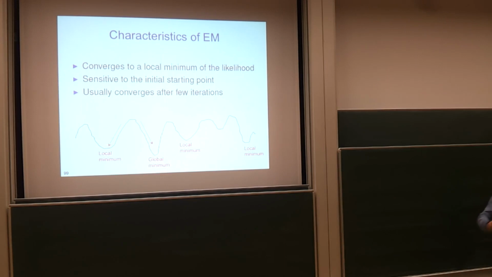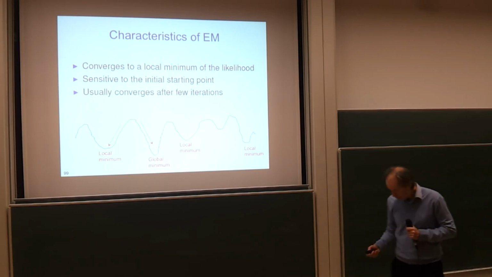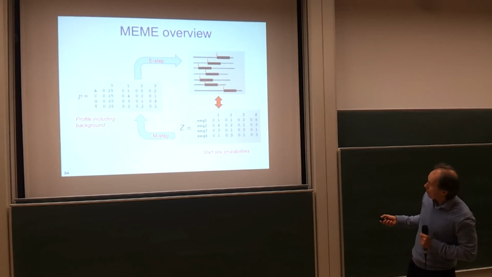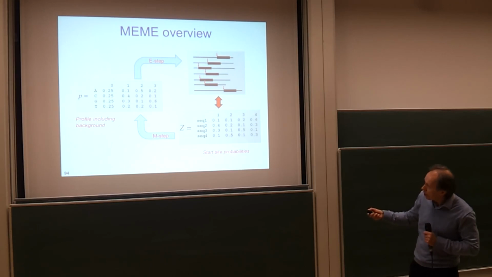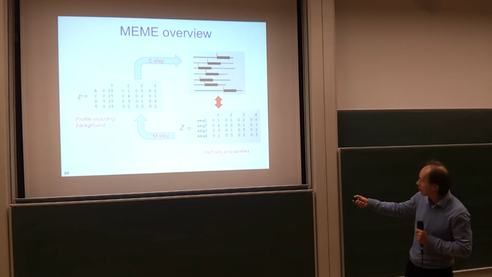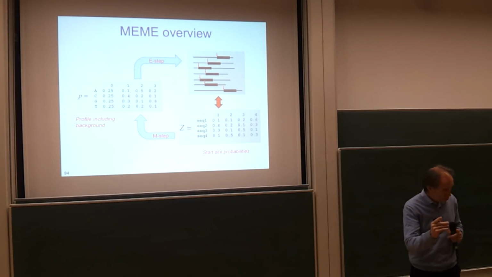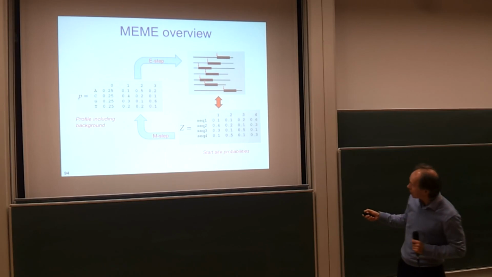Okay, so that's this trick. Once again, I go back to the central notion. We have this iterative procedure. We want to learn a profile, and we learn the profile from the probabilities of the start sites, that the motif would start at any of these positions in each of the sequences, under the assumption that we just want one motif in each of the sequences.